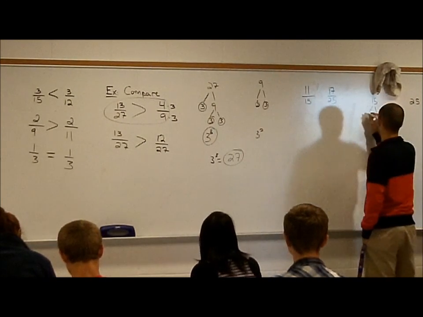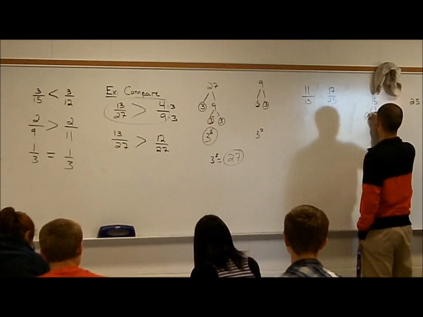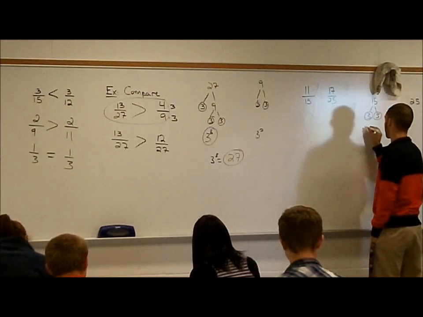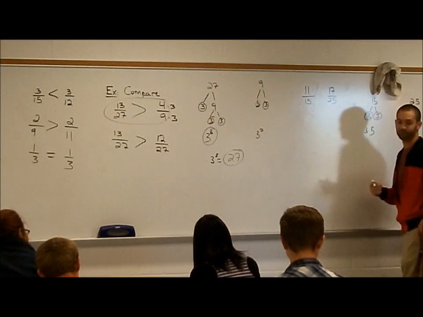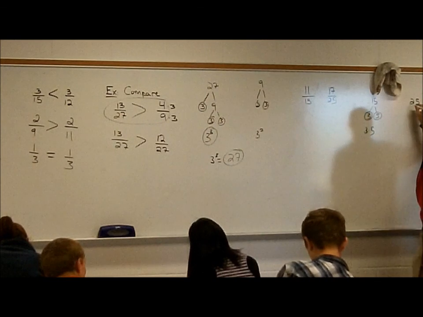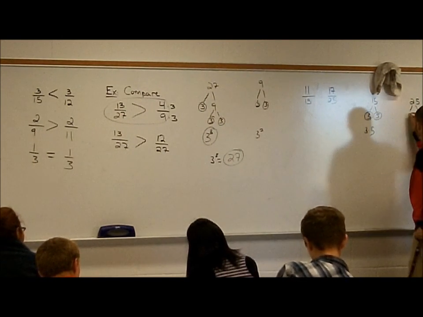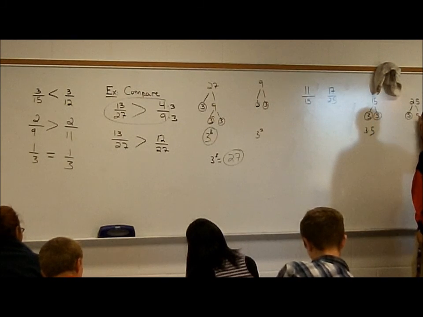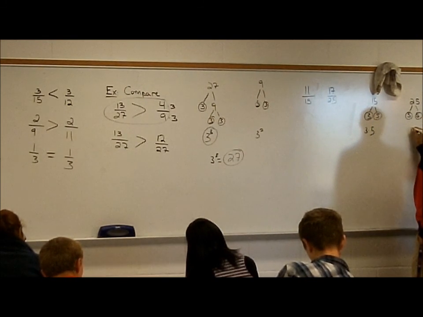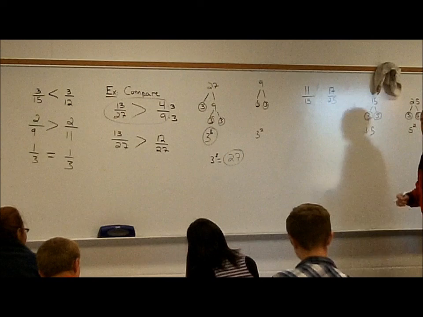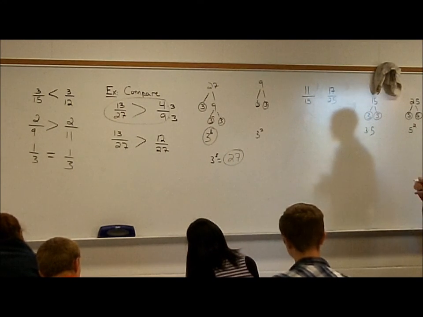Okay? So what's my prime factorization? 3 times 5. That's all it is. What does 25 break down into? What's our prime factorization? 5 squared.